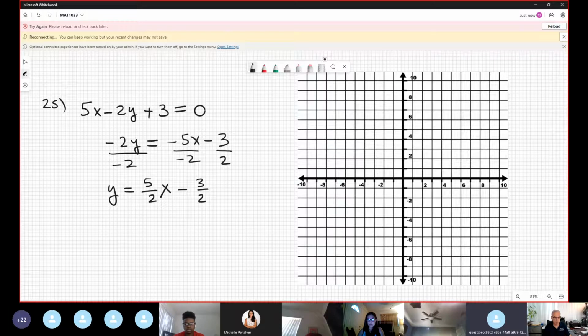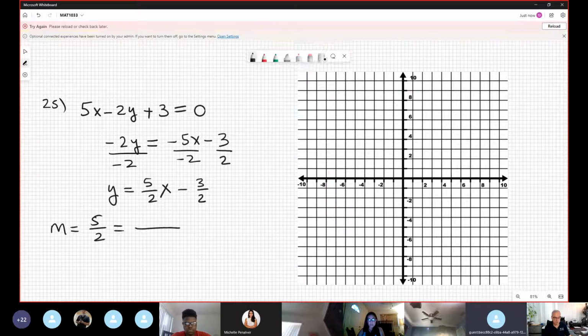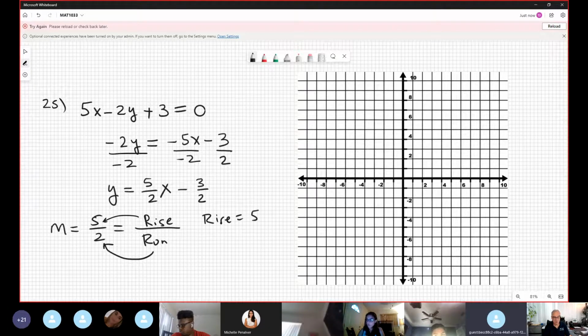So the slope is 5 over 2. The geometric interpretation is run and rise. Run is 2, rise is 5. And b is minus 3/2, in decimal approximation minus 1.5.